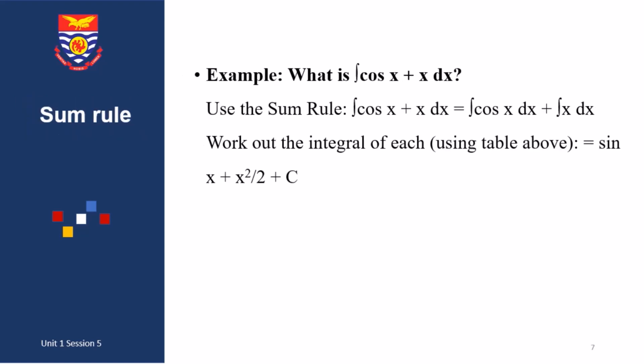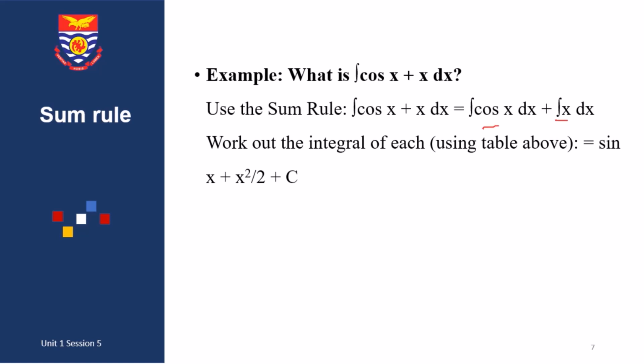With the sum rule, as an example, the integral of cos x plus x dx. To use the sum rule, first we have to integrate cos x plus x dx, which will give us the integral of cos x plus the integral of x.